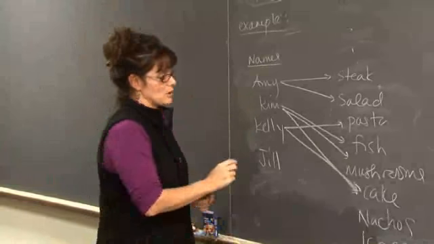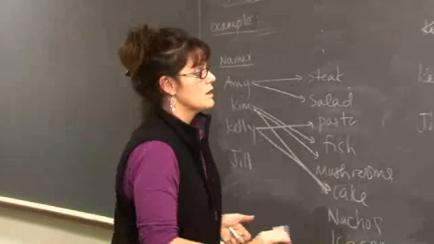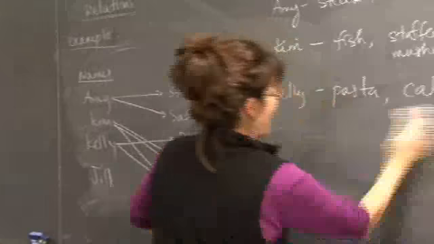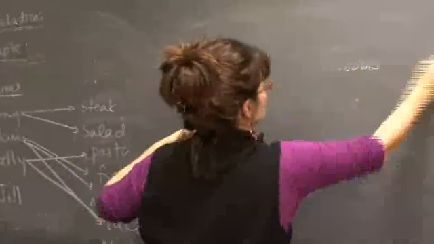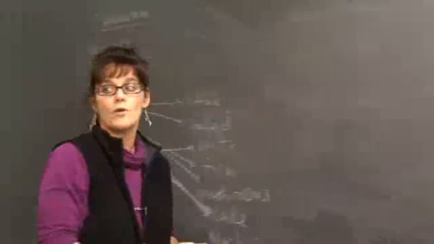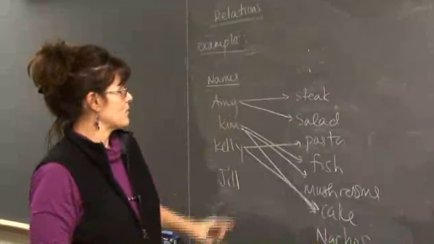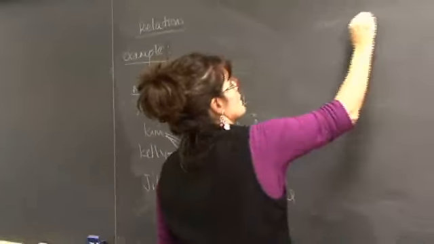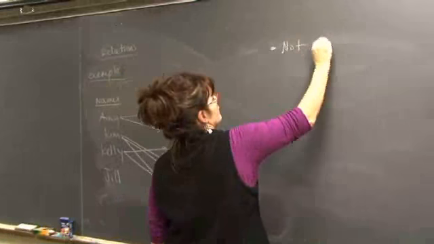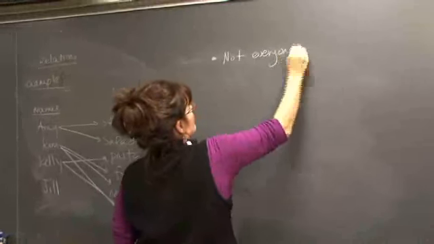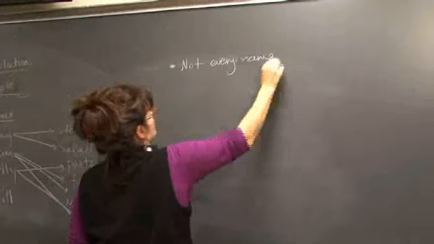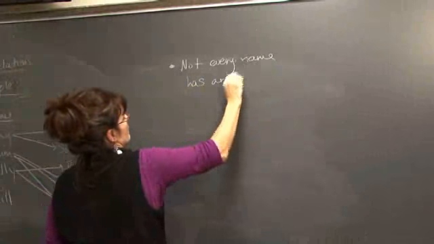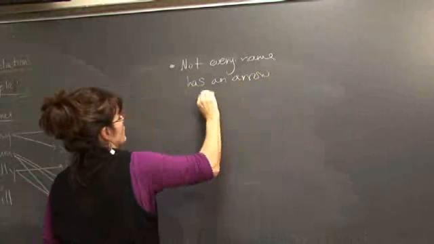So let me point out some special properties of the arrow diagram. I can erase that because now I have that information cataloged with arrows, so I don't have to write it in that format anymore. What's different about this arrow diagram is, notice that not every name has an arrow coming out of it.